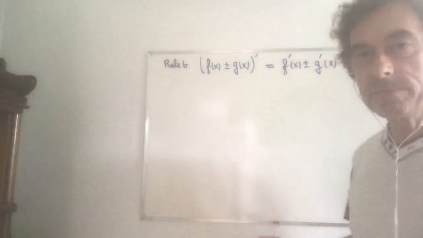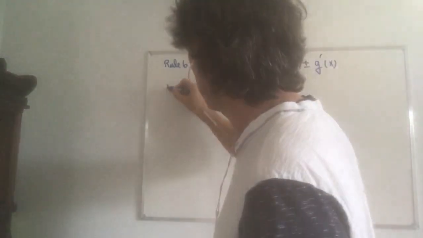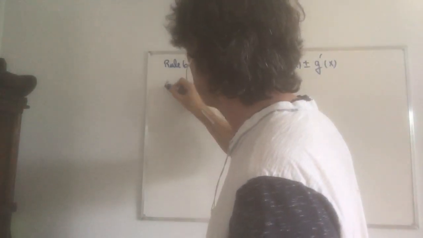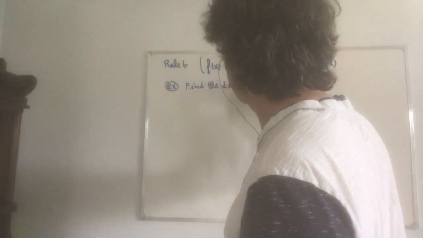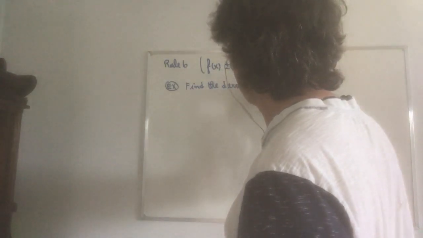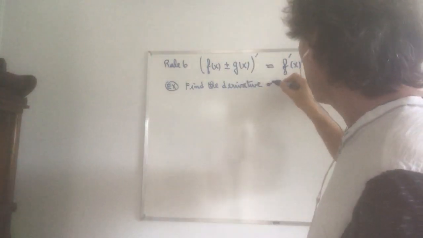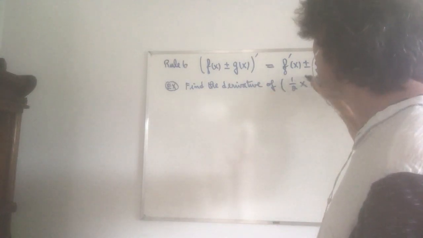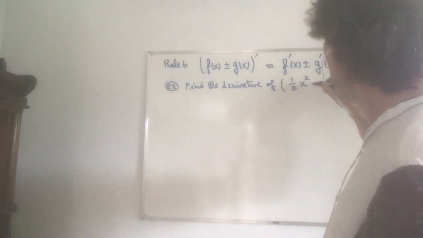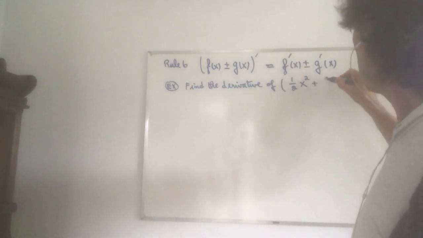I will prove this to you before the end of this video, but first I would like to show you an example on how this works. So example, find the derivative of 1/2 x squared plus, what shall we get here, 2/3.